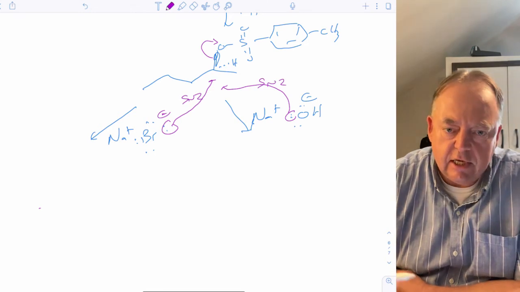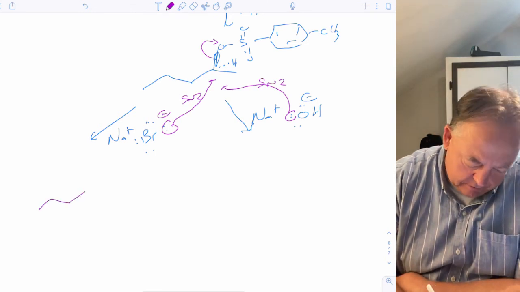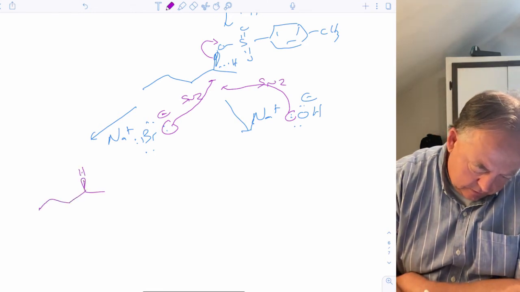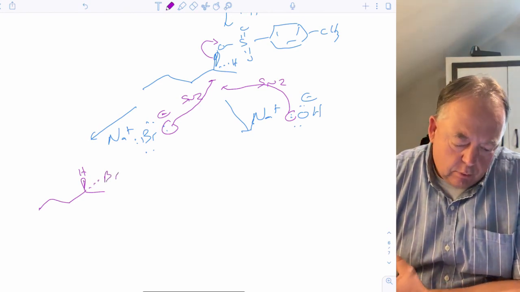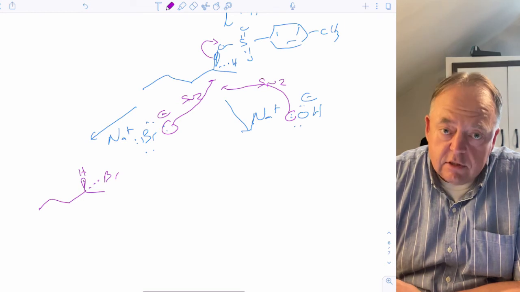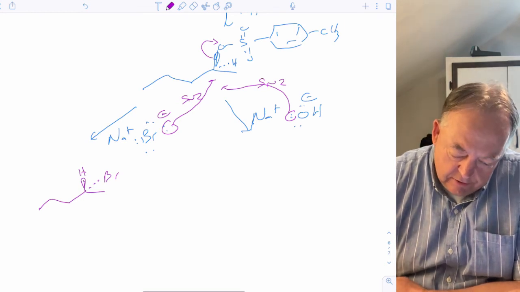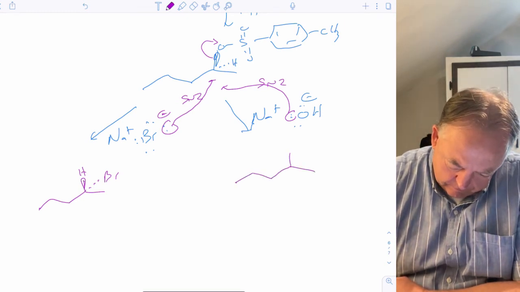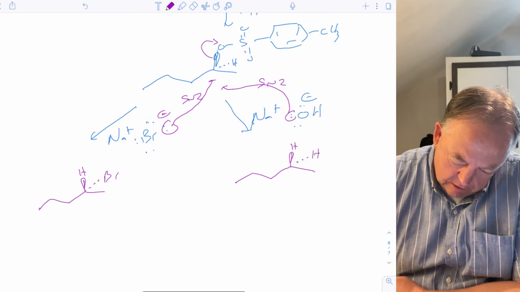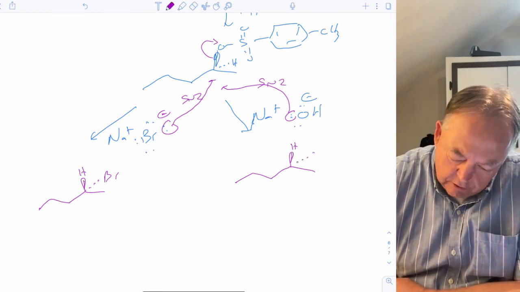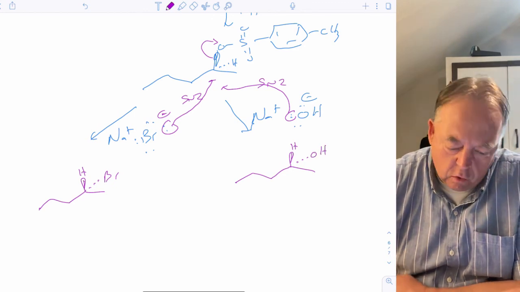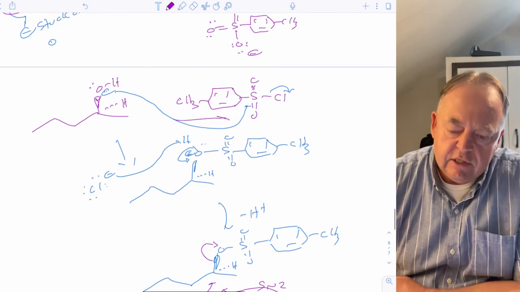This is the stage where your stereochemistry would be flipped. So that would convert the OH to a bromine, ultimately with flipping the stereochemistry. Or in this case, you would convert it back to OH, but you would have inverted the stereochemistry, right?